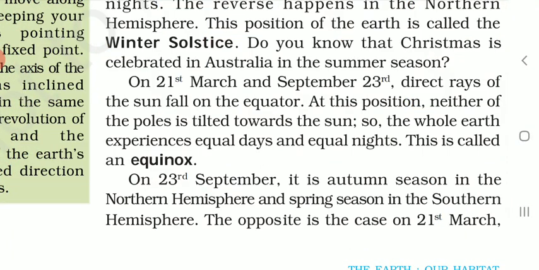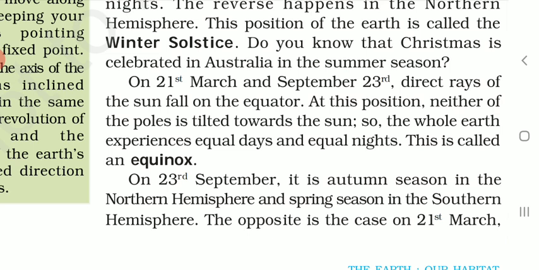On 21st March and 23rd September, direct rays of the sun fall on the equator. That means the sun rays are falling direct or straight on the equator on these 2 days. At this position, neither of the poles is tilted toward the sun, so the whole earth experiences equal days and equal nights. This is called an equinox.